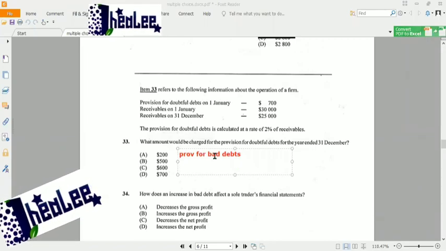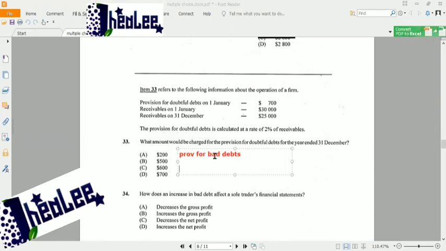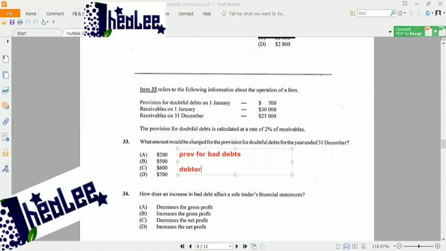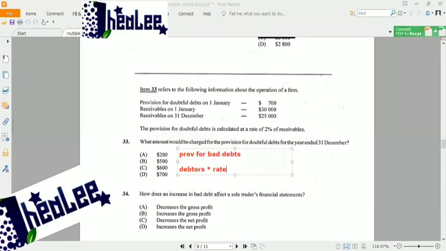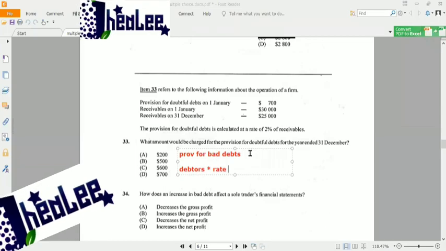So I'm not seeing any information coming up, so I'll just start by writing it, and that would be your total receivables for the year. Or let me just use debtors, same thing, times the rate. And that would give us the provision for doubtful debts for the year.